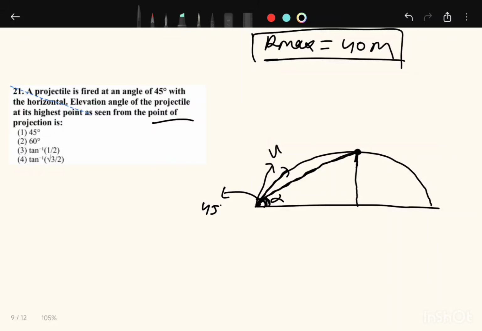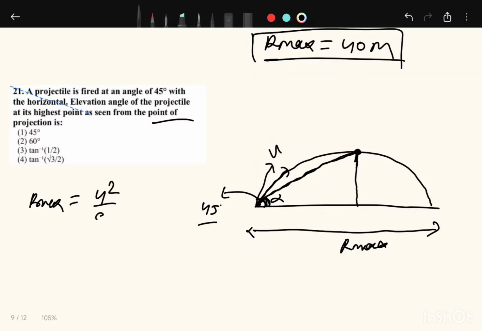Got it? So how can we find out? The projectile is fired at 45 degrees, so this range will be maximum, right? So it will be R max, and R max is u square by g. In the last question we saw it, right?